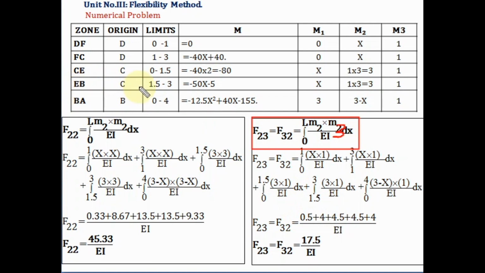So the next zone is AB, 1.5 to 3, so 3 into 1 upon EI. And the last zone is BA, the limit is 0 to 4, so 3 minus x into 1 upon EI. So after solving this integration, we'll get this value, and the final value of F23 equal to F32 is 17.5 upon EI.